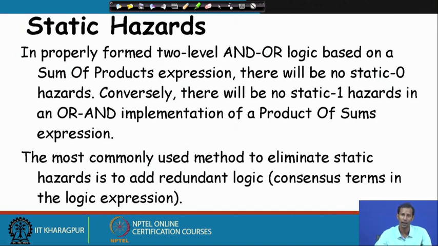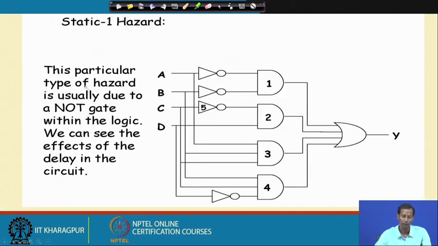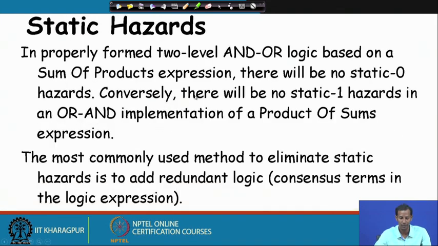How to add redundant logic, we will also see. In AND-OR logic there will be no static 0 hazard, but static 1 hazard will be there. Just the opposite in OR-AND implementation, the product of sums; AND-OR means sum of products.